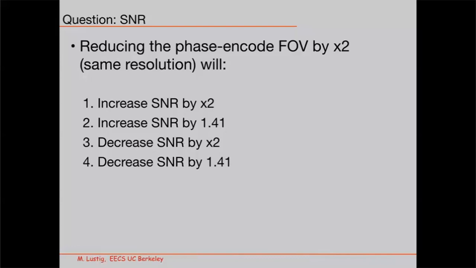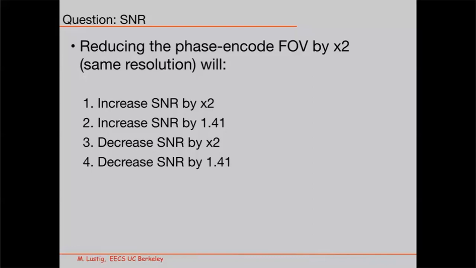So you reduce the field of view by a factor of 2. So you can skip half the number of phasing codes. What does that do? You decrease scan time. Who said that? You decrease scan time, sure, but that's not an answer. That's not one of the possibilities. But it leads to a conclusion.